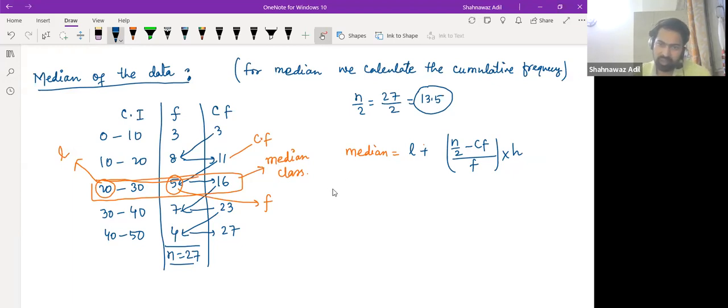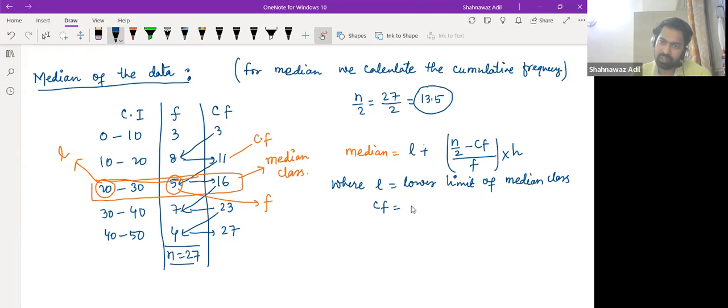Yes. Where L is the lower limit of the median class, and then n by 2, right?